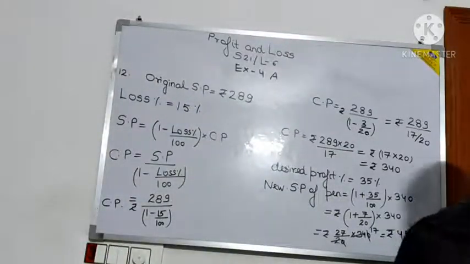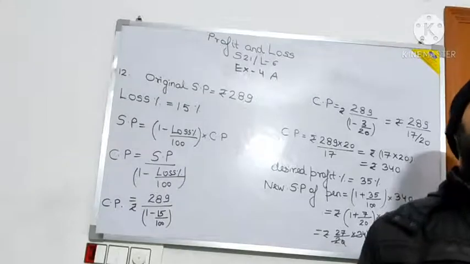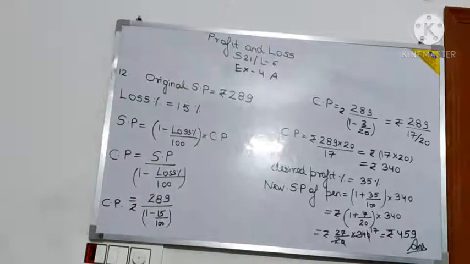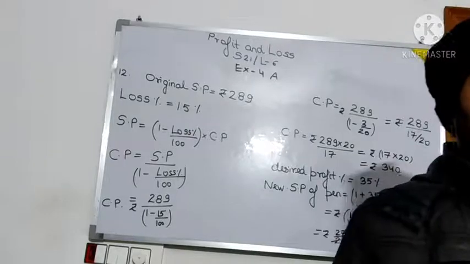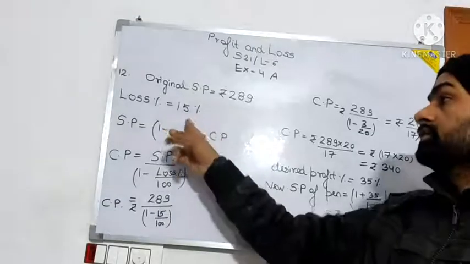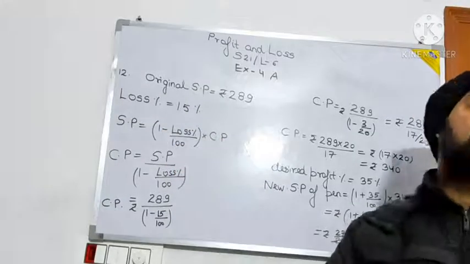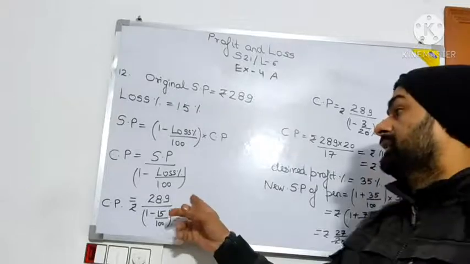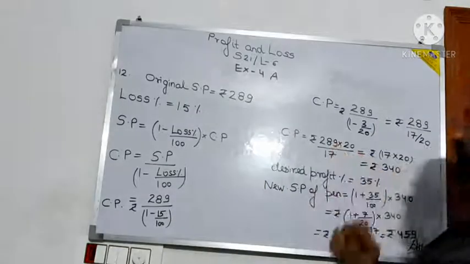The upper range for selling the item is not decided, depending upon how much profit you desire. So if you want more profit, the SP will be more, but irrespective of the profit and loss, there will be a CP. So the CP will be fixed here, and that is coming to rupees 340.